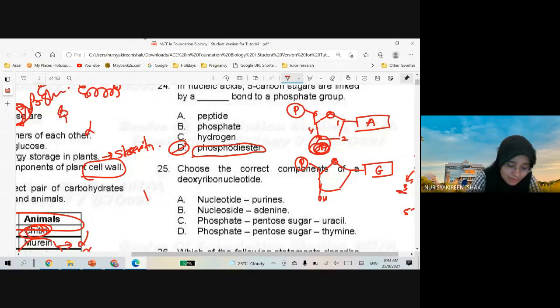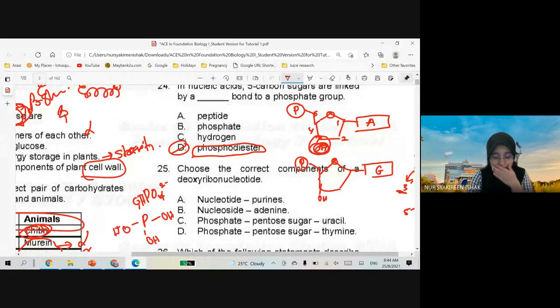Phosphate PO4 2 negative. Sebab apa negative? Initially the phosphate ada 4 oksigen, right? OH, macam tu. So initially yang mana ada O negatif ni asalnya adalah dalam keadaan OH.